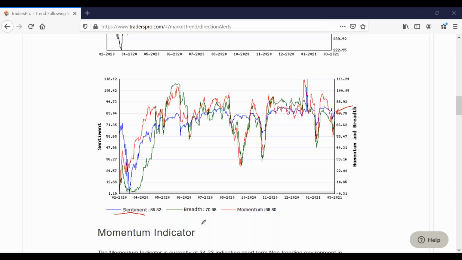When sentiment is above momentum, which is the red line, and the red and green lines are right at each other, in the same spot basically. But whenever you get sentiment above momentum and momentum above breadth, and breadth is the green line, it indicates that you're dealing with a tired market. And we can definitely see that.